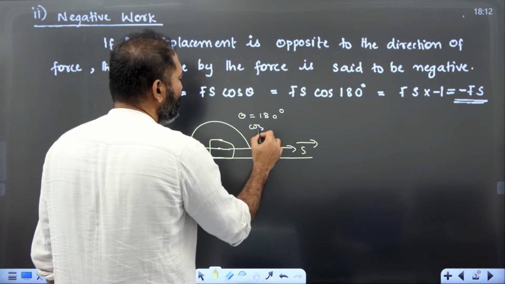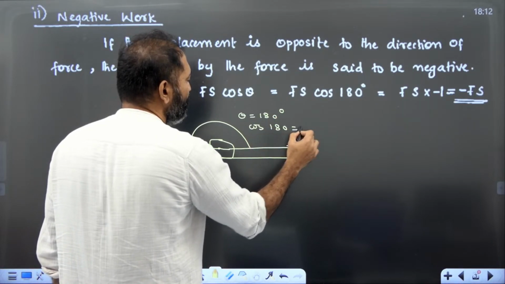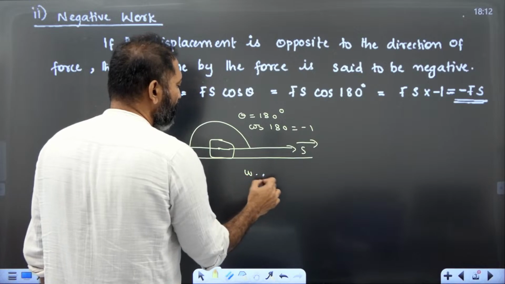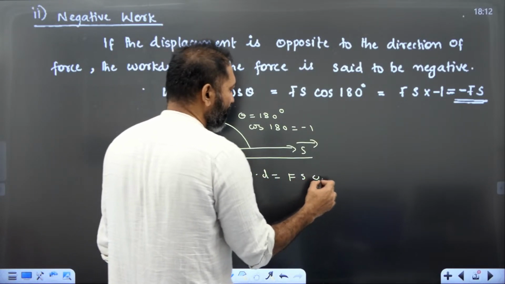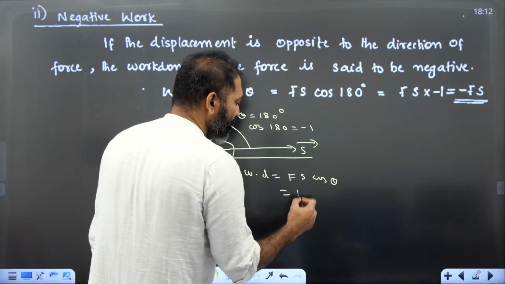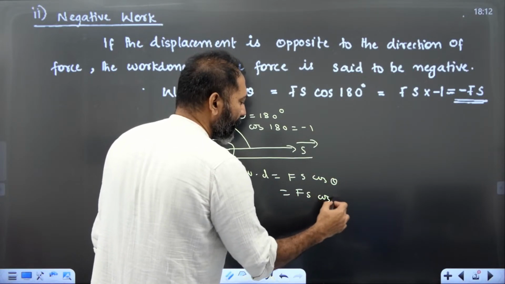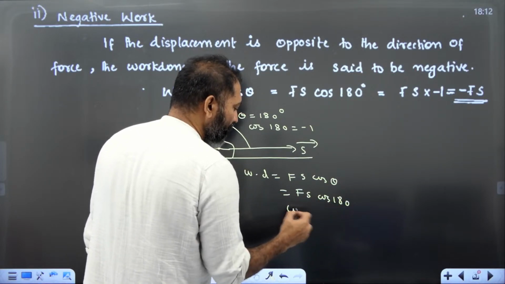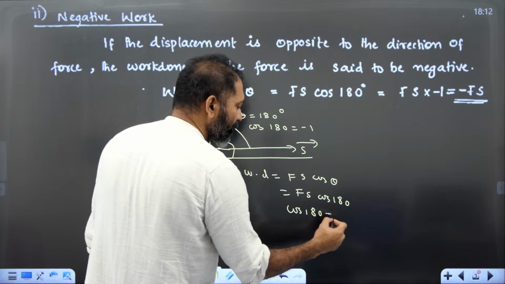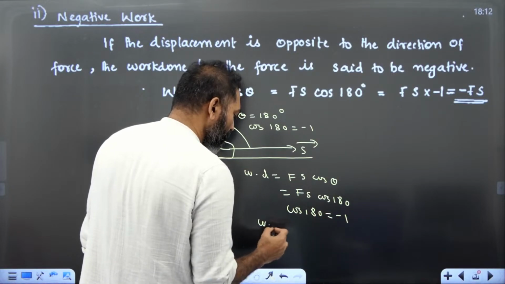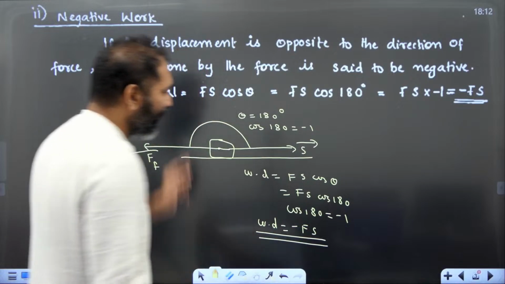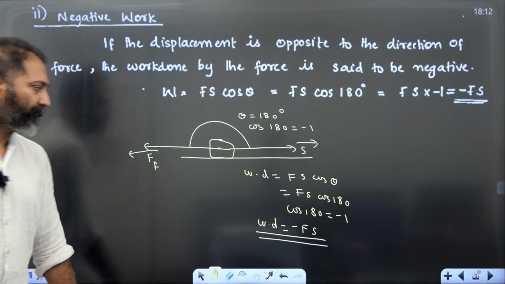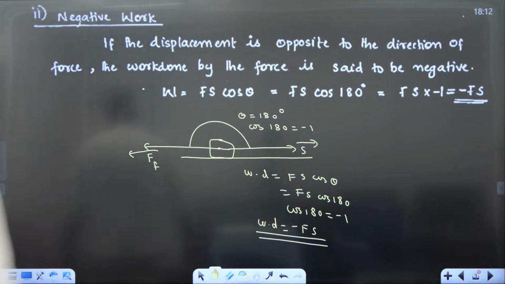Cos 180 is equal to minus 1. So work done is Fs cos theta, Fs cos 180. Cos 180 is equal to minus 1. So work done is equal to minus Fs. This is negative work done.